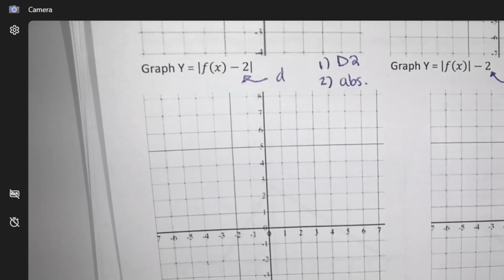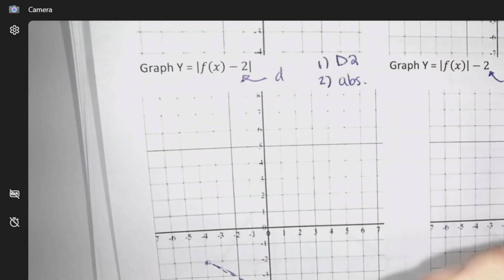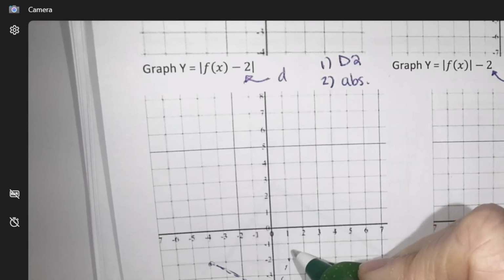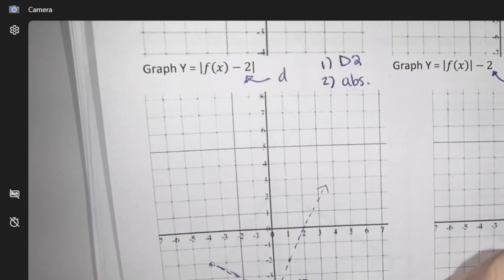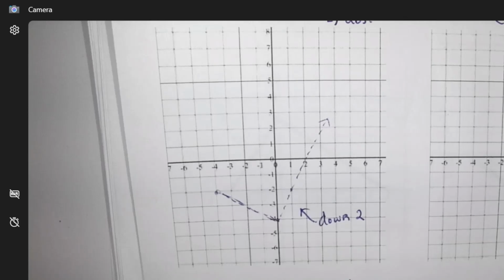So down to, okay, so that was me just going down 2.